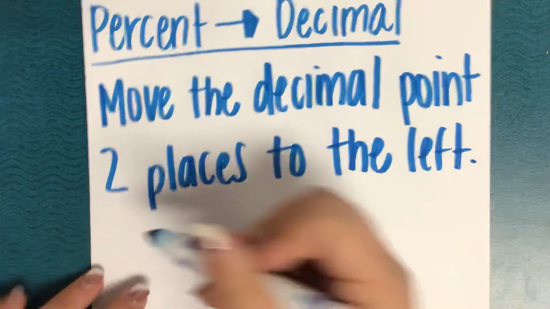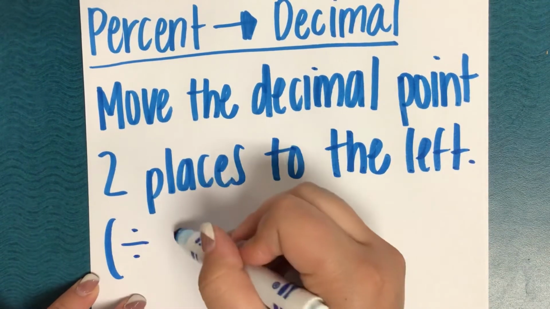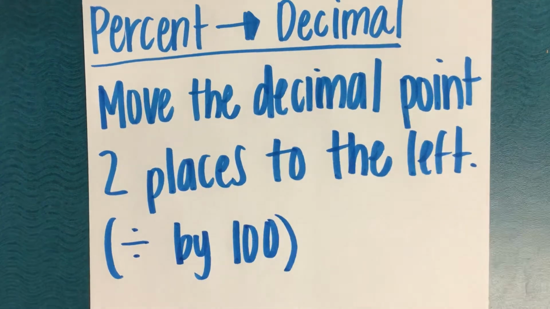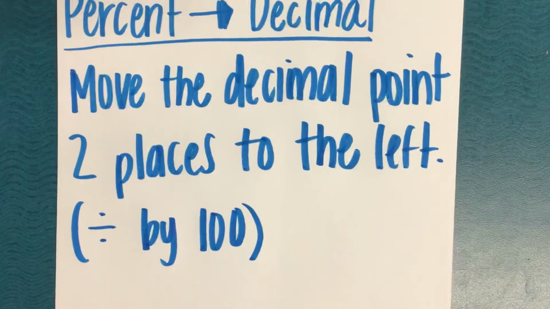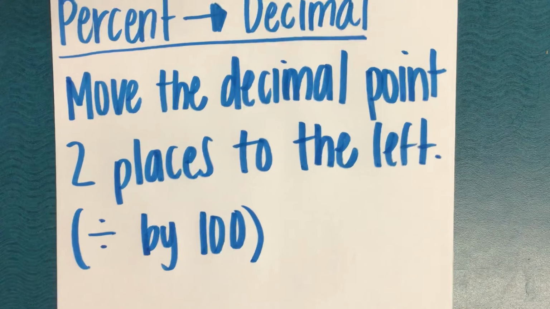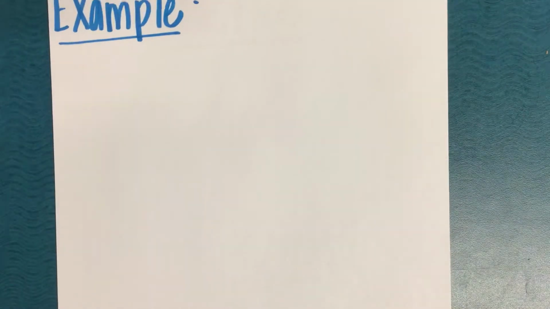Okay, this is also just dividing by 100. Okay, so earlier we multiplied times 100. Now we're going to divide by 100. So I'm going to give you an example.